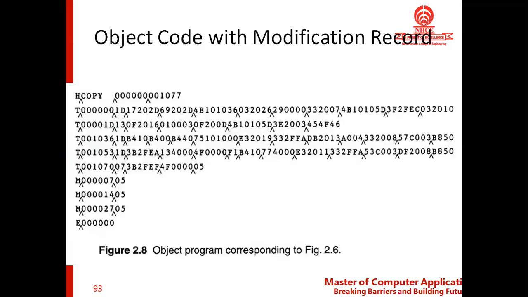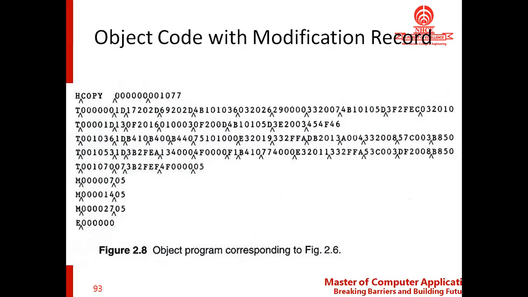Let us see an example of how the modification is included in the object program by the assembler. If you look at this object program, H is the header record, T is the text record, and we have the modification record and the end record also.